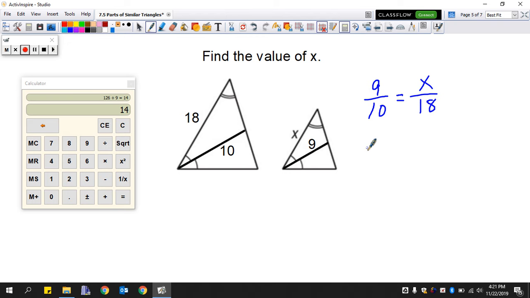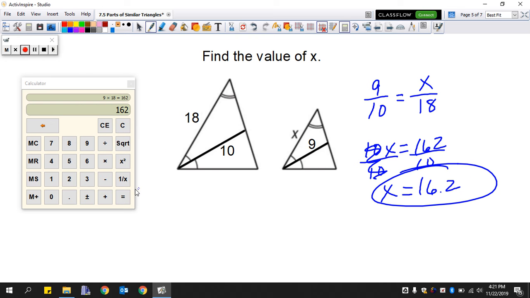So we have 10x is equal to 9 times 18, which is 162, divided by 10. X is equal to 16.2. Okay?